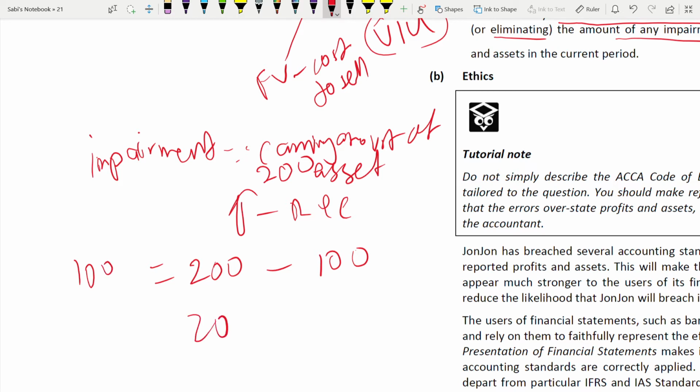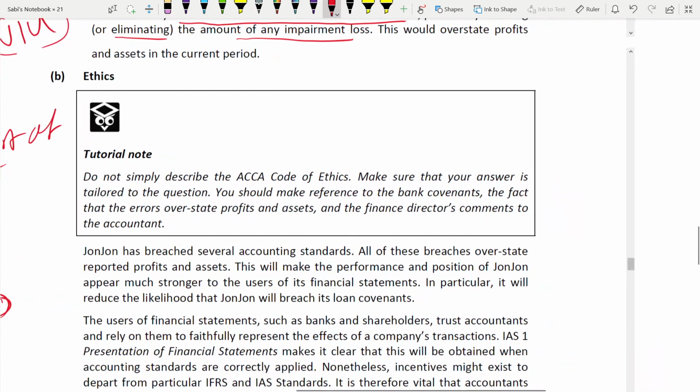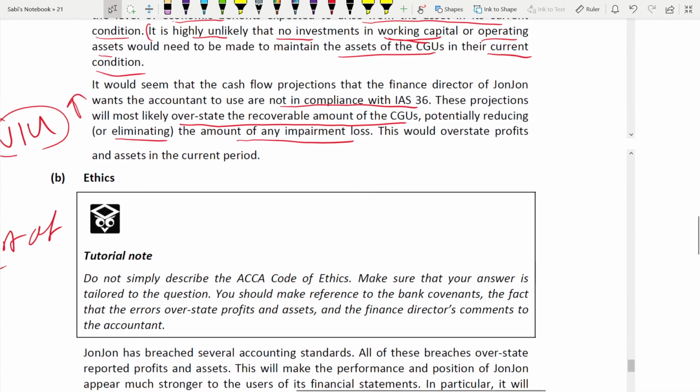Carrying amount is still 200, but the recoverable amount increases to 150. And what is your impairment now? 50. You see, your impairment went down. And impairment is a cost that you have to write in the profit and loss account. So impairment goes down, profit is overstated. Profit will go up. So a higher recoverable amount means impairment goes down. It's an opposite relationship. That you need to understand.